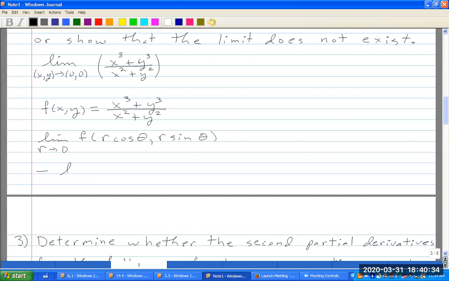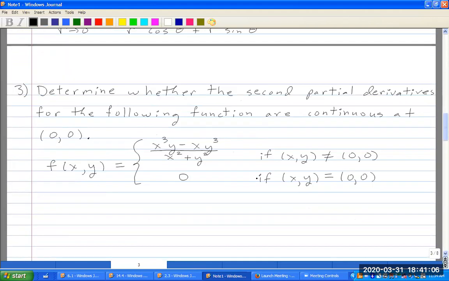Okay, so let's look at that limit. So this is a limit as r goes to 0 of r cubed cosine cubed theta plus r cubed sine cubed theta over r squared cosine squared plus r squared sine squared.